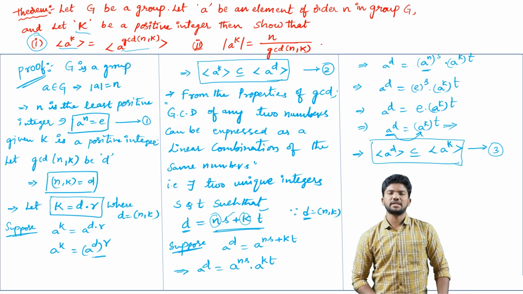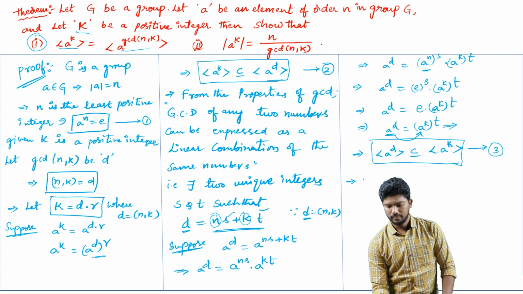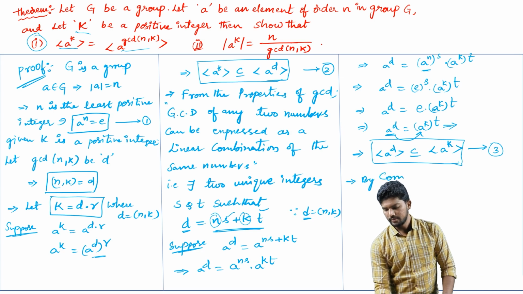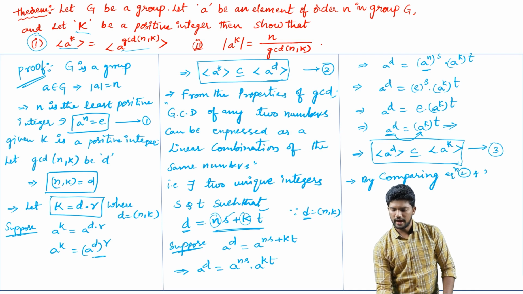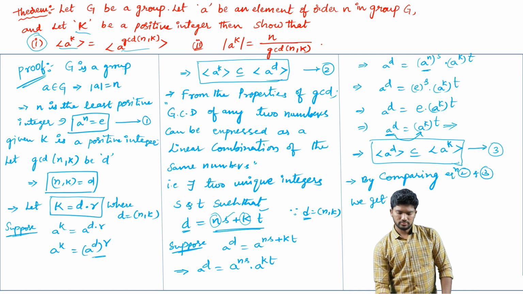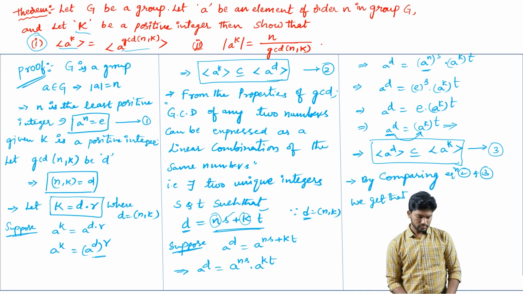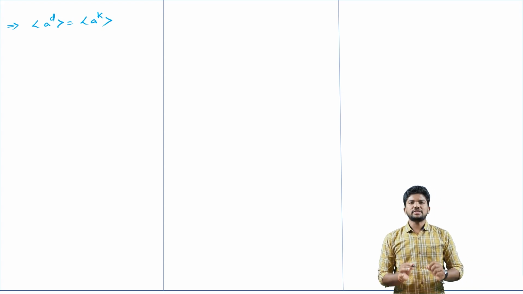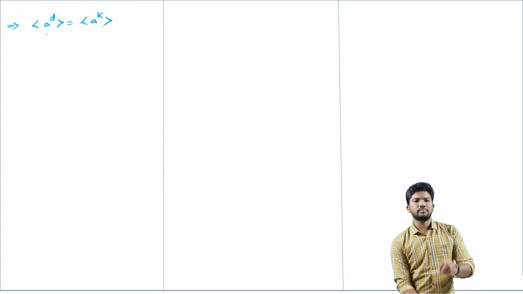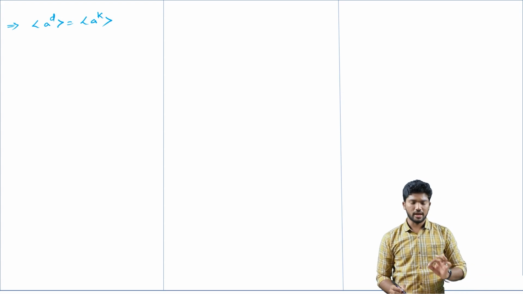If you compare equation number 2 and equation number 3, you will get that the cyclic group generated by a power d is equal to the cyclic group generated by a power k.